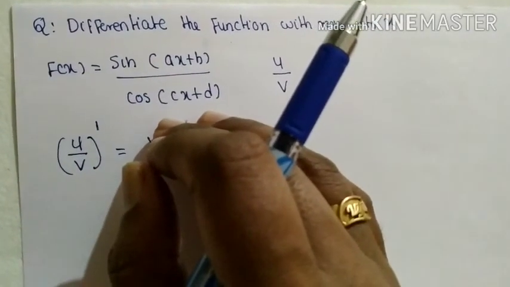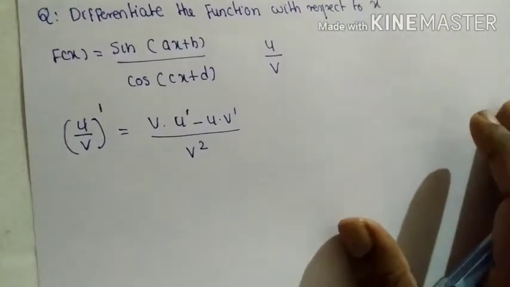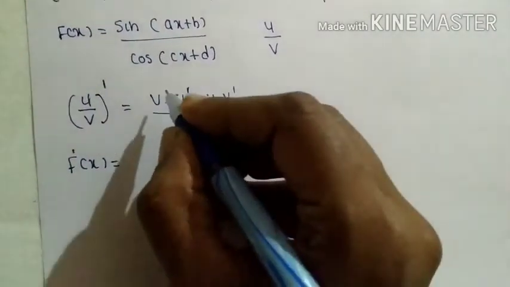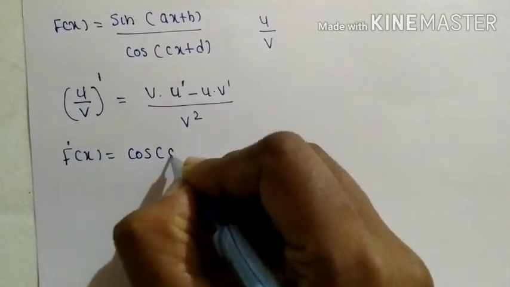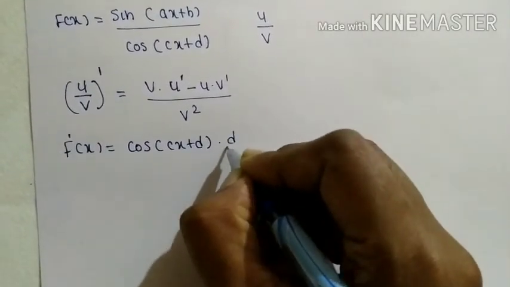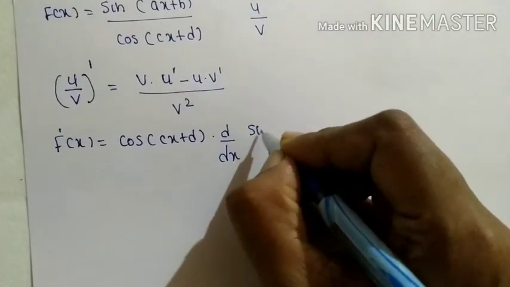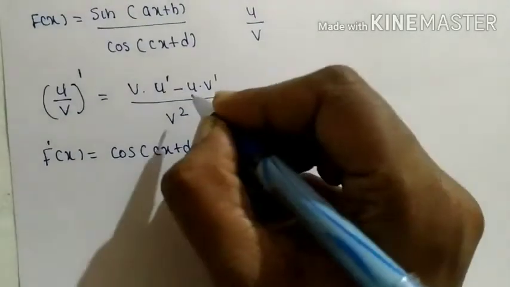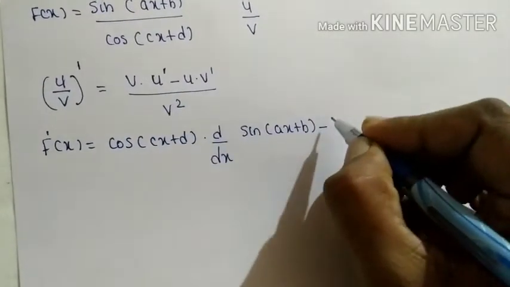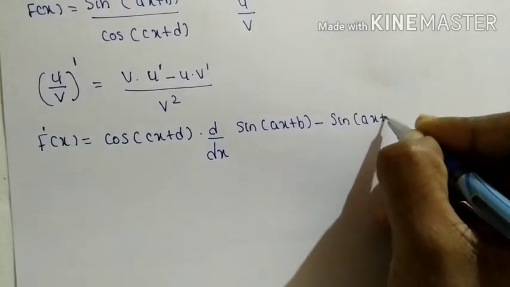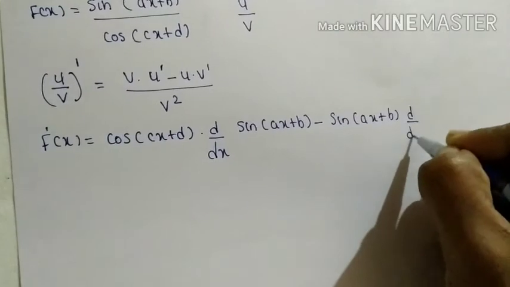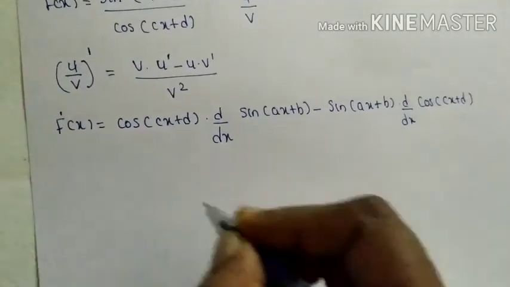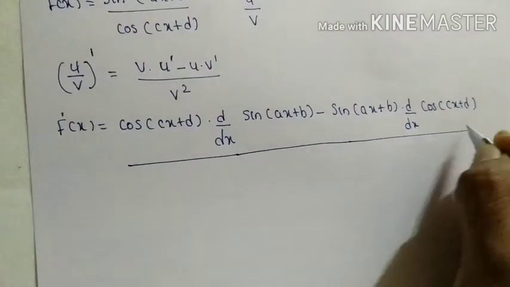I hope you remember the quotient rule. f dash of x is equal to u, that means denominator cos of cx plus d, into derivative of numerator, that is d by dx of sine ax plus b, minus u, that means numerator sine of ax plus b, into derivative of denominator, that means d by dx of cos of cx plus d, whole divided by denominator square.